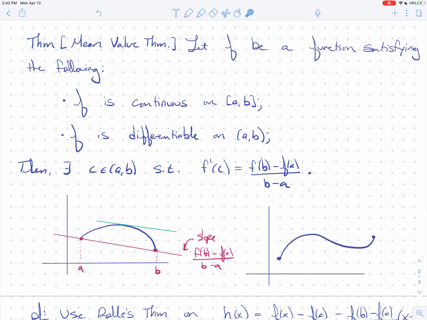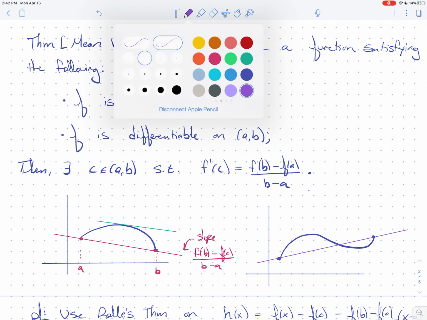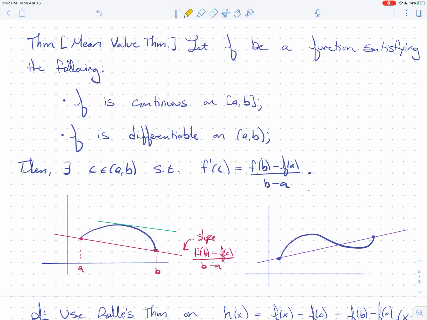That's actually all the mean value theorem really says: if f is continuous on this closed interval and f is differentiable on the open interval, then there's a point at which the tangent line is parallel to the secant line. Let's play with it over here on this picture that I've drawn. First off, let's draw our secant line through the two endpoints. And now let's switch to yellow.